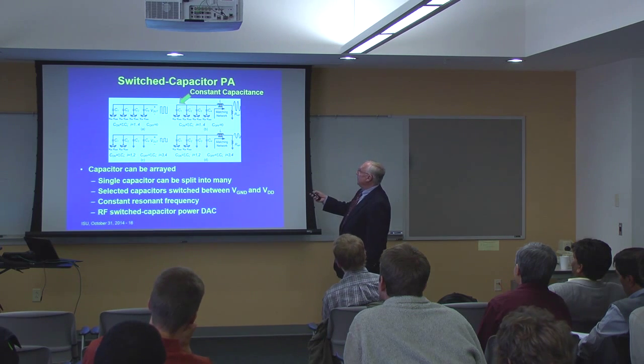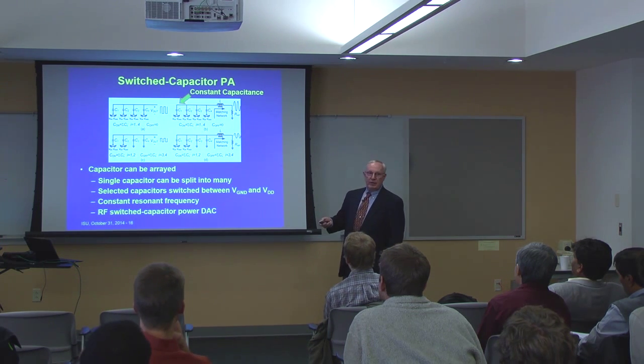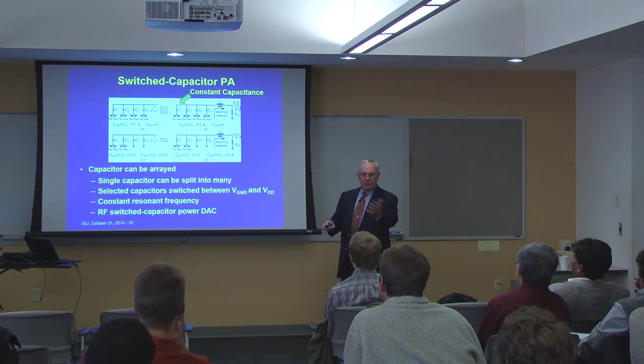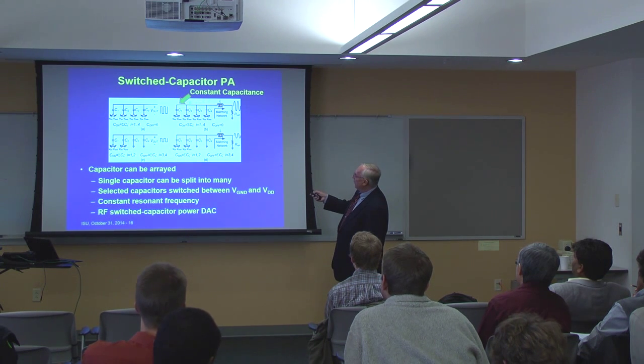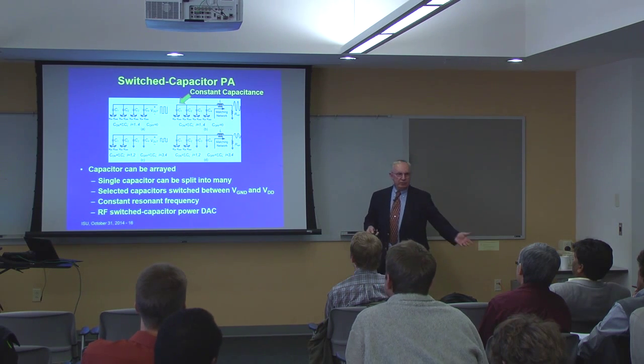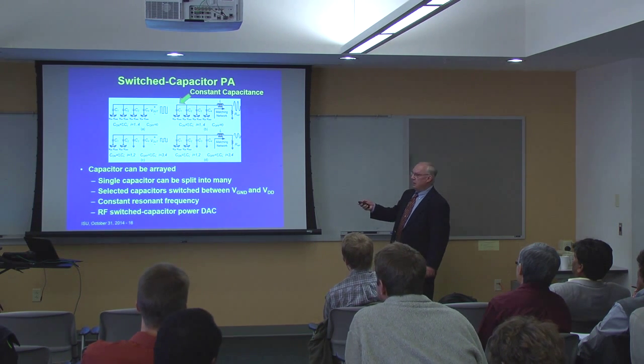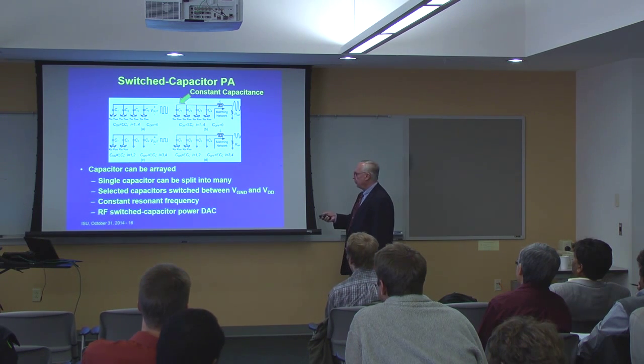Same thing here. This tuning network selects the channel, essentially, that you're going to transmit the power over. Notice that a nice feature about this, in addition to not having any switches in the top, is that you have a constant capacitance on the top, irrespective of the switching on the bottom that's connected to this inductor. So it stays tuned to the right frequency no matter what you do.